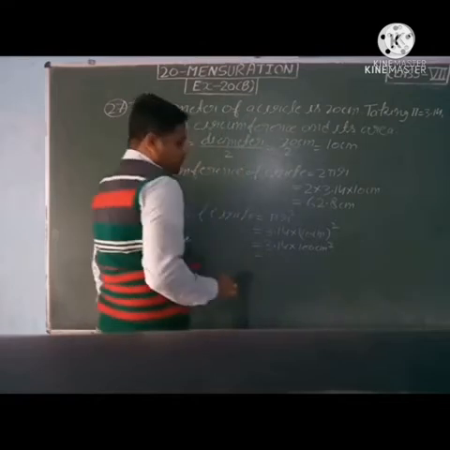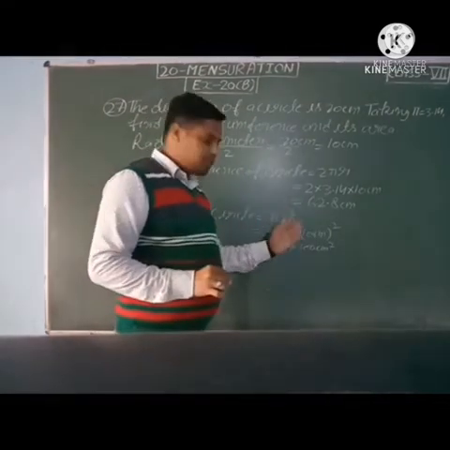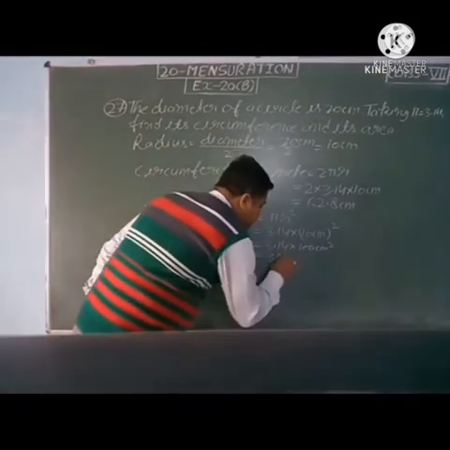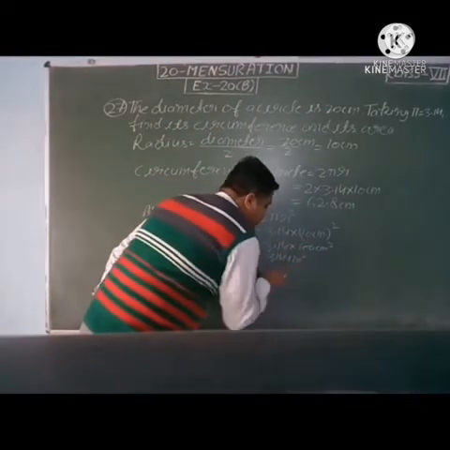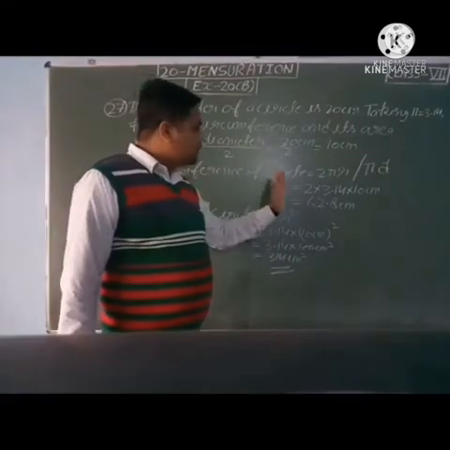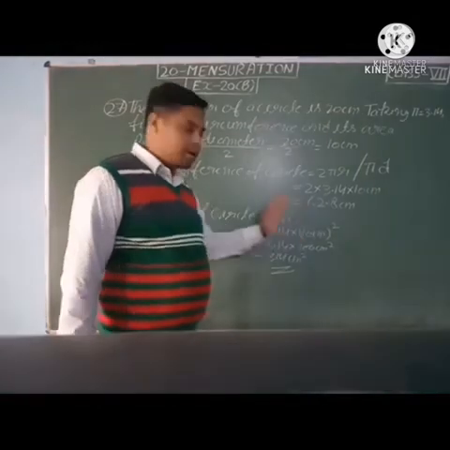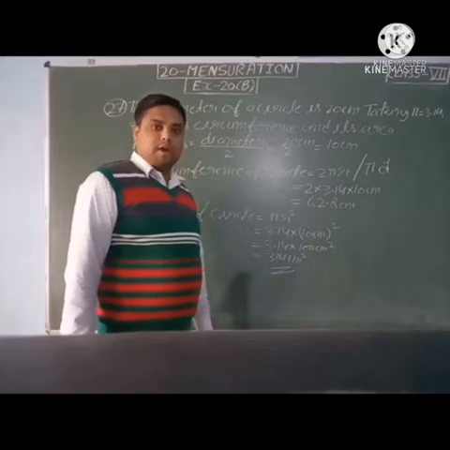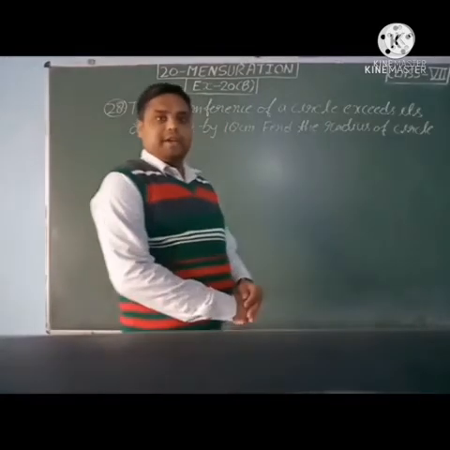So what we will do? Decimal move to RHS. How many places? 2 places. So it will come 314 centimeter square. So students, in this question, circumference of circle is coming 62.8 centimeter and area of circle is coming 314 centimeter square.